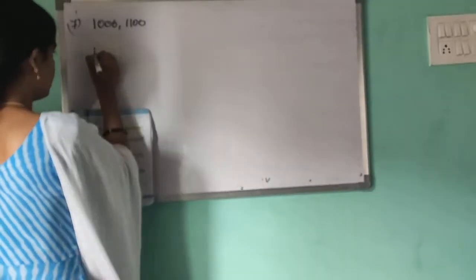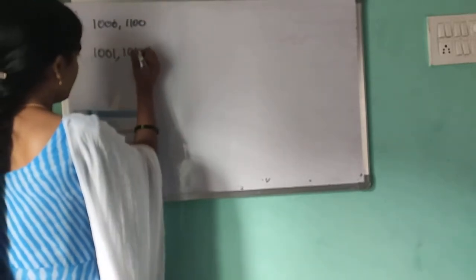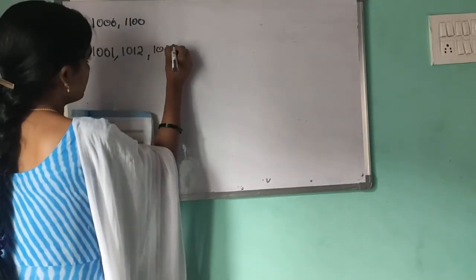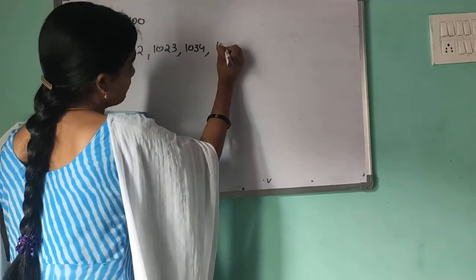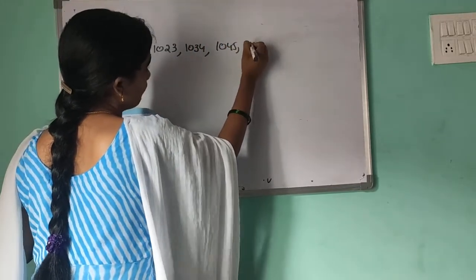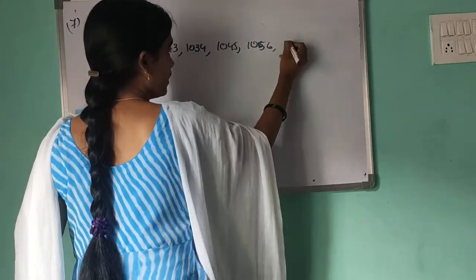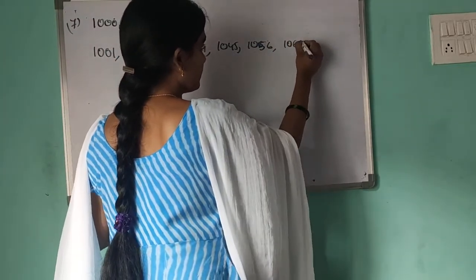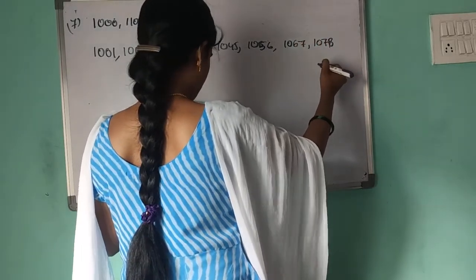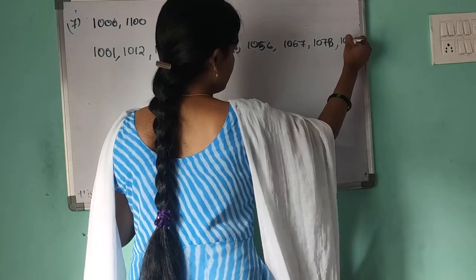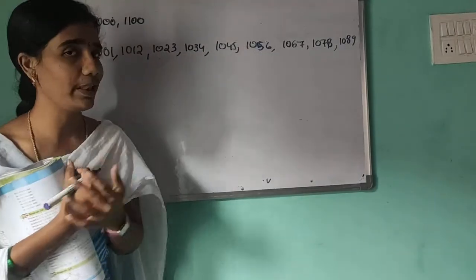Here I am giving the answer directly: 1012, 1023, 1034, 1045, 1056, 1067, 1078, 1089. These numbers are divisible by 11.